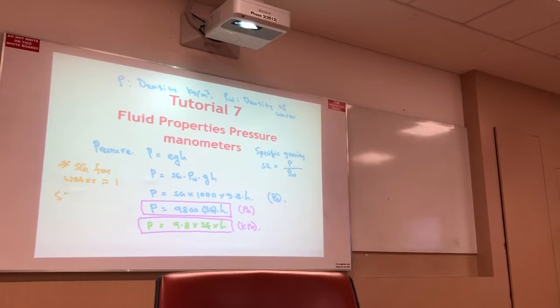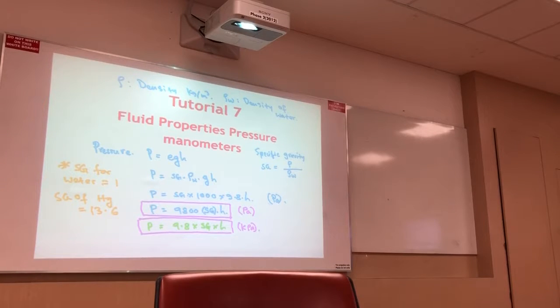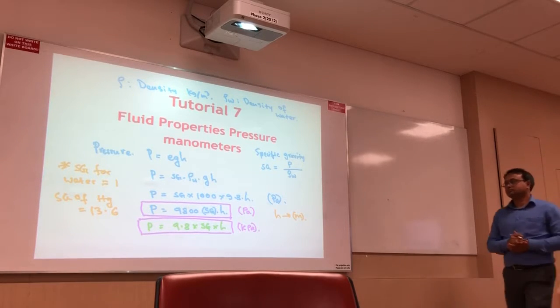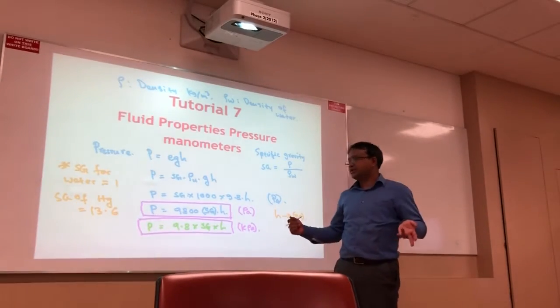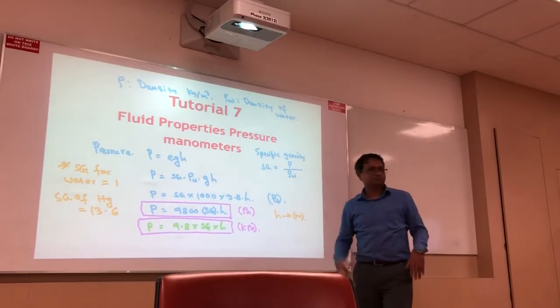And specific gravity for mercury is 13.6. And these values are given to you in the question, and unit of h is meter. Okay? What is pressure? 9800 times specific gravity times h. Done.